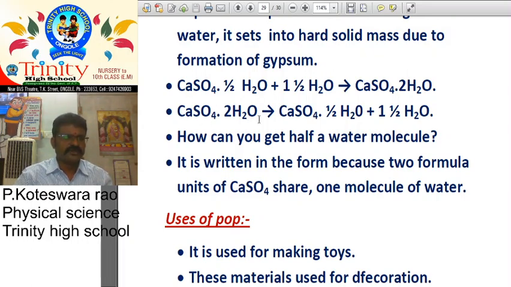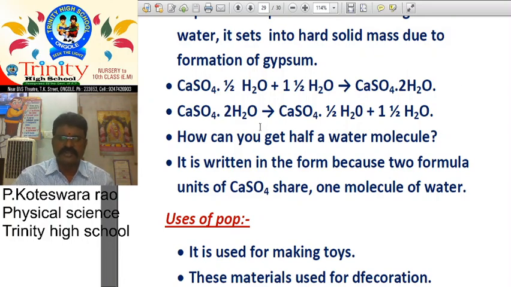This is gypsum. We are heating. How many water molecules are eliminated here? 1.5 water molecules are eliminated, that is 3/2. CaSO4·2H2O gives rise to CaSO4·½H2O plus 3/2 H2O.